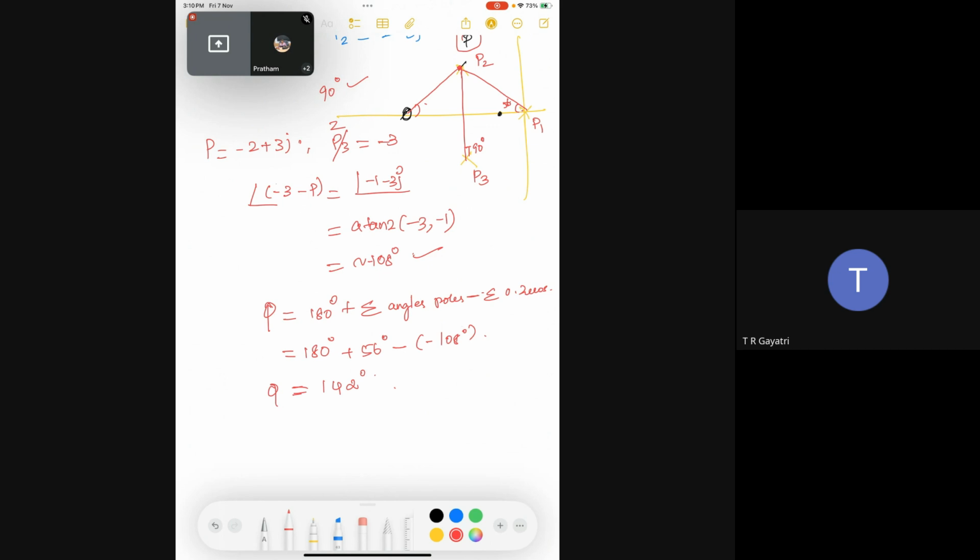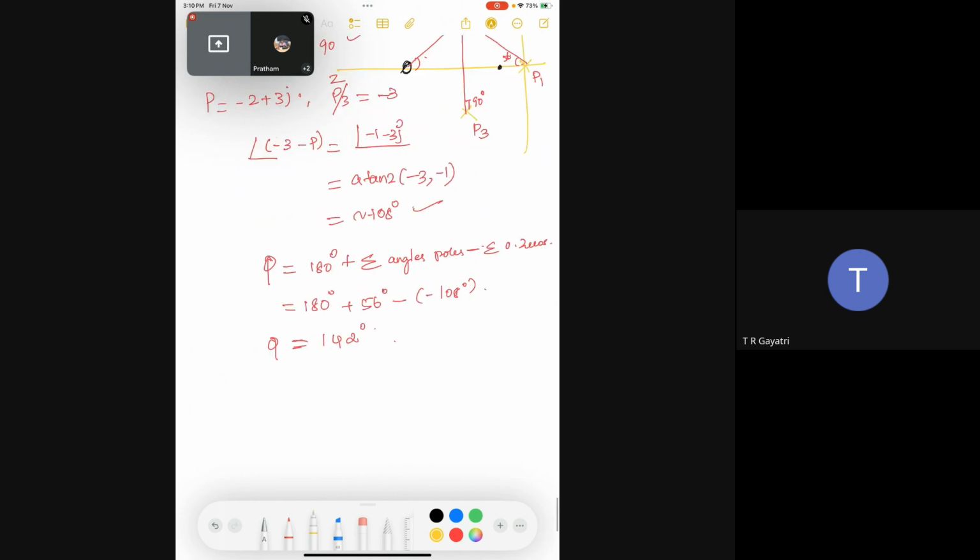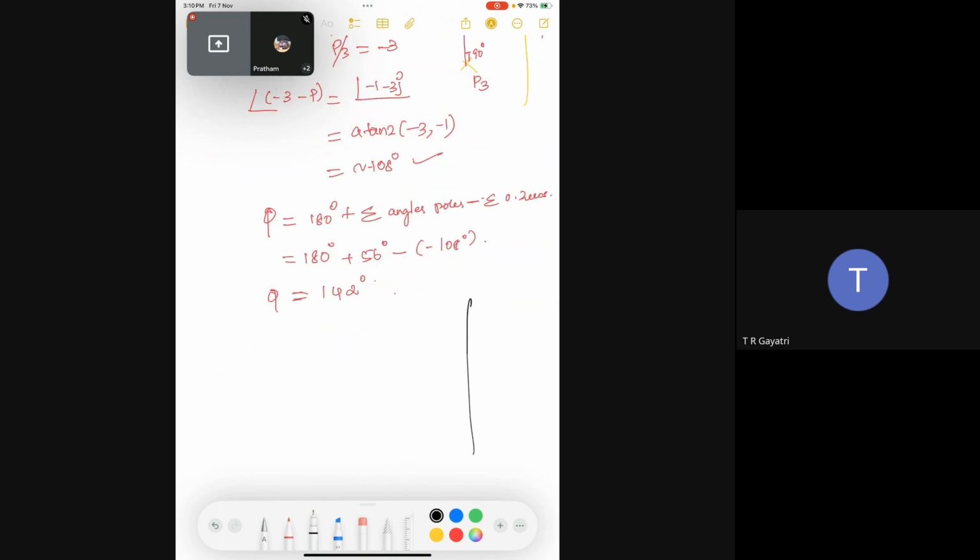So if I see my root locus, what are you looking for? Zero, another pole, the location. So this is my root locus. So from here, this is departing minus 140 around here.